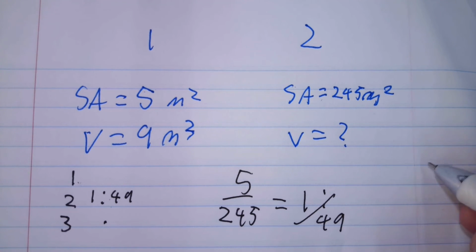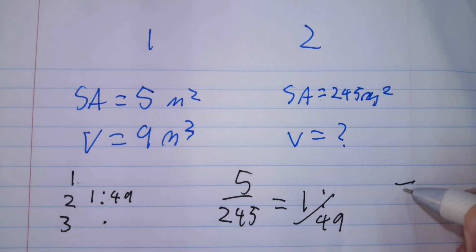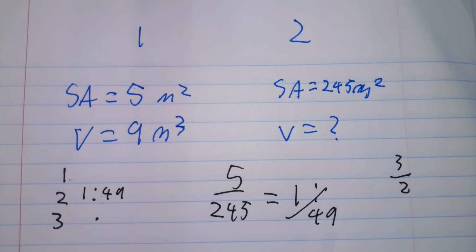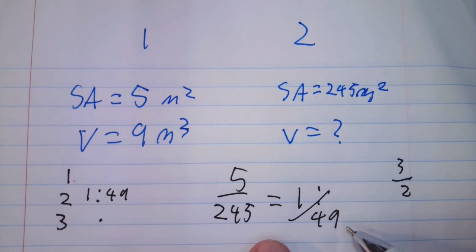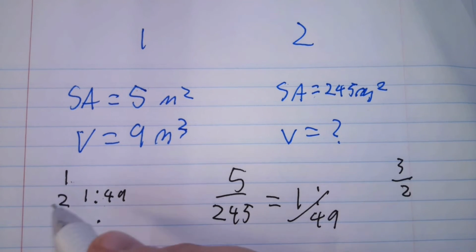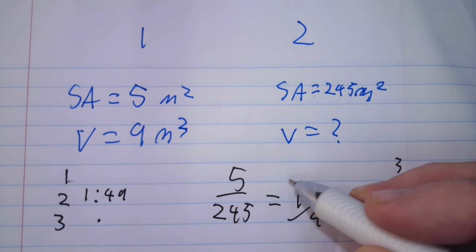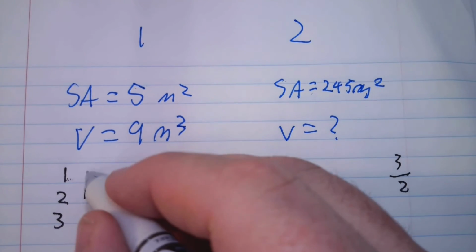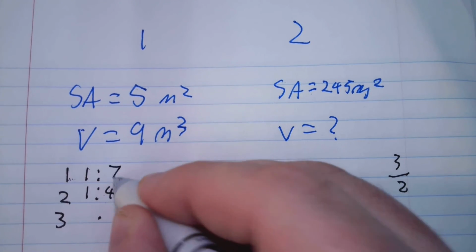If you were to do that, basically you would have to use this fraction, you'd have to use that as an exponent. But I'm not going to do that, so let's go from here to here. How do I get from level 2 to level 1? I use the square root. 1 over 49, square root, square root. 1 is 1, 49 is 7.